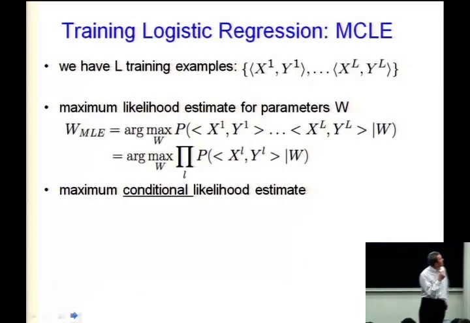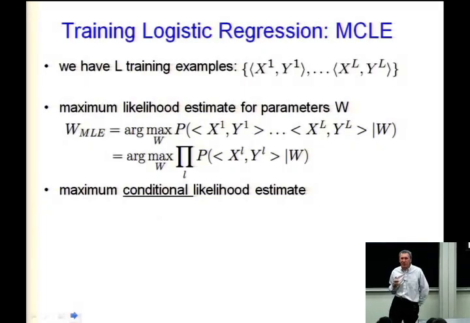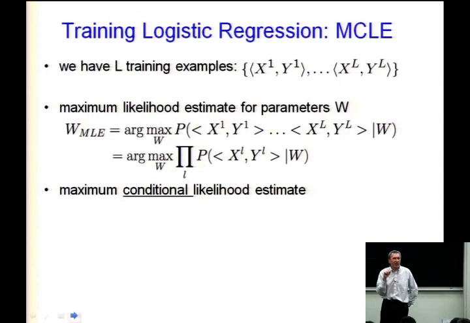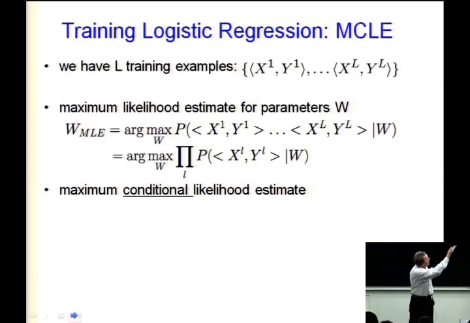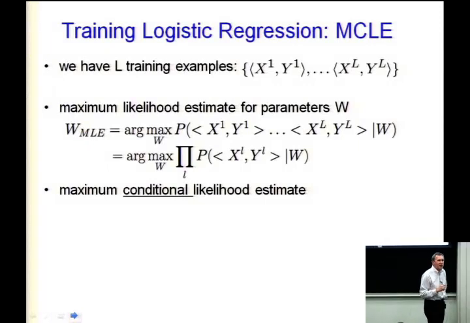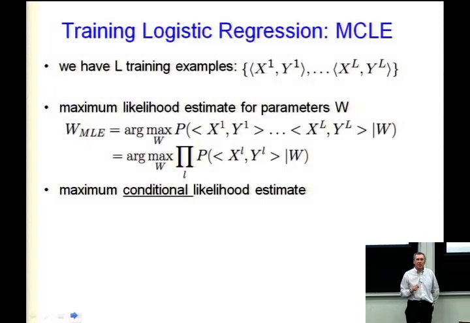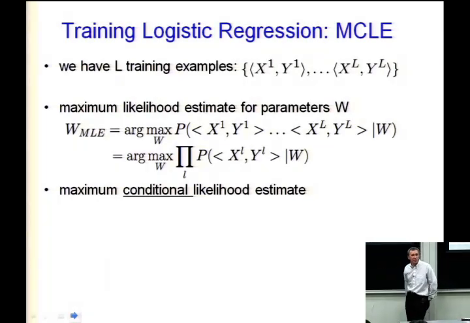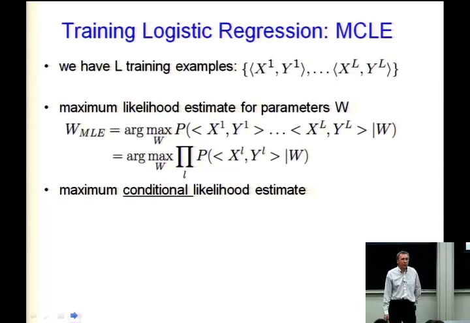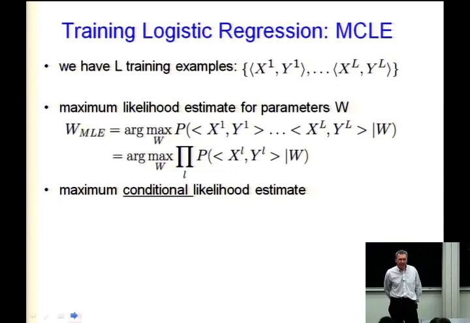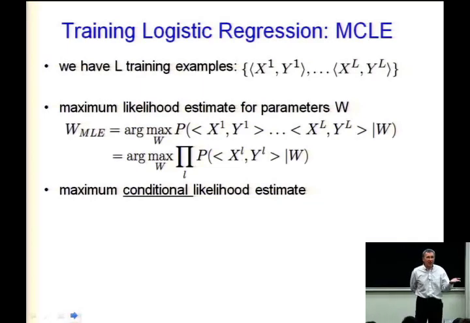Now, how would we? So suppose we have some training examples, XY pairs again, just like always. We have L of those training example XY pairs. And now we want to train our logistic regression classifier. What does that mean? It means we want to estimate those W parameters from the training data to, in some sense, best fit the training data. You already know the story.